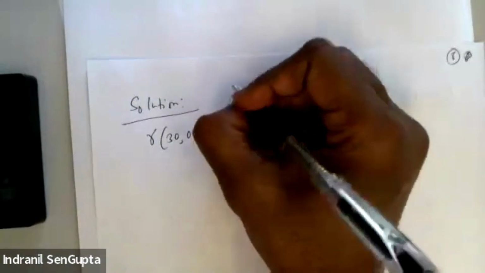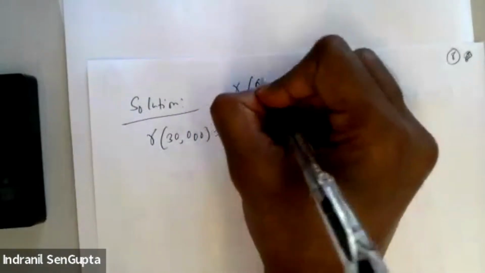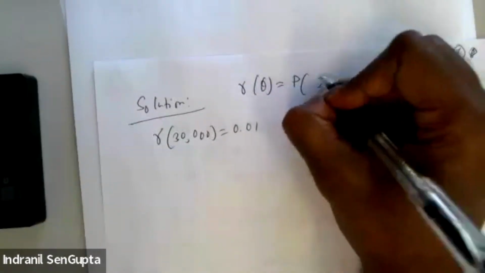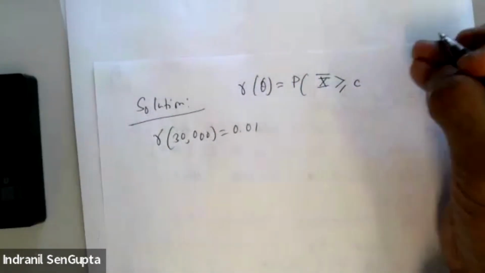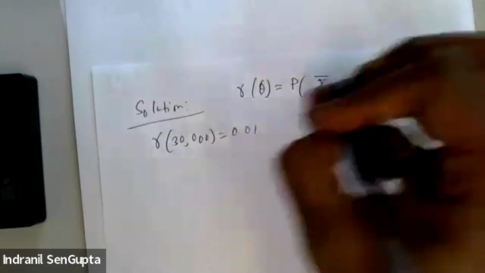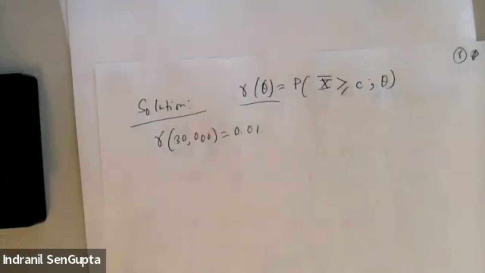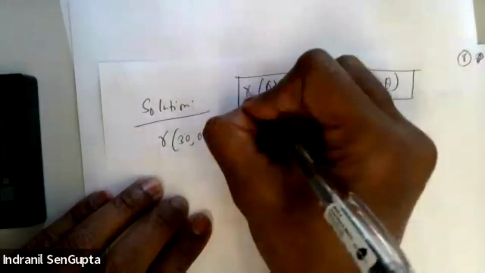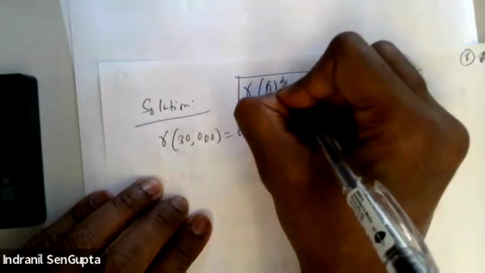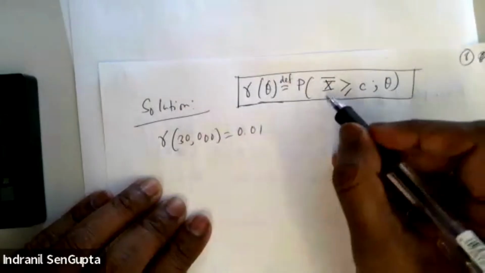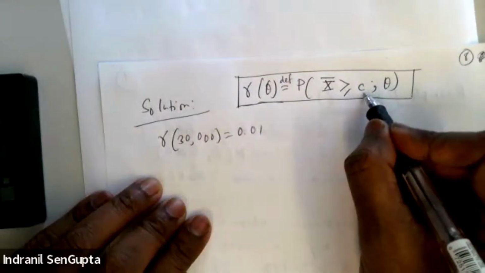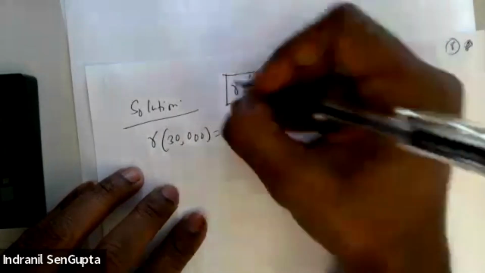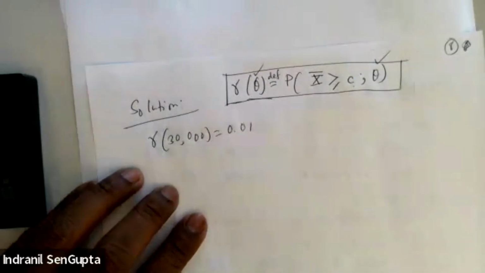Remember that gamma of theta is really the probability of x bar bigger than some c under a certain theta. That's the definition, something we should remember. Its definition is the probability that x bar is more than c for predetermined c, and depending on the values of theta, it changes.